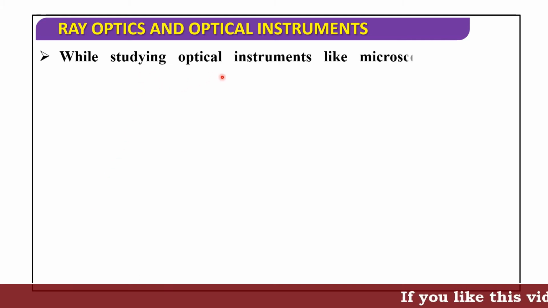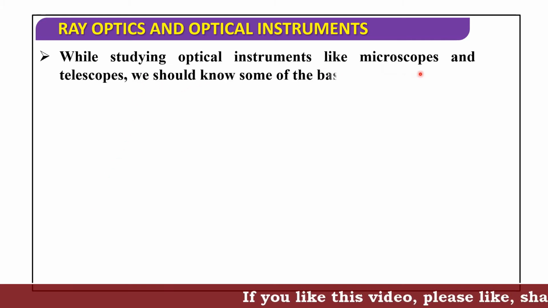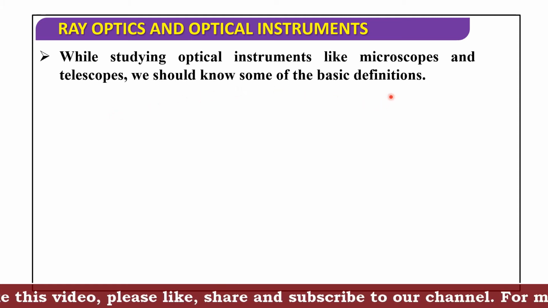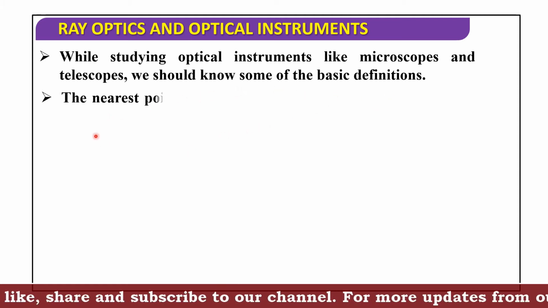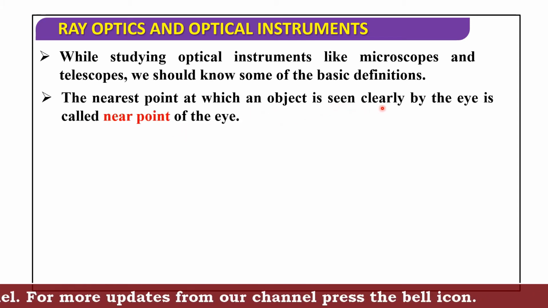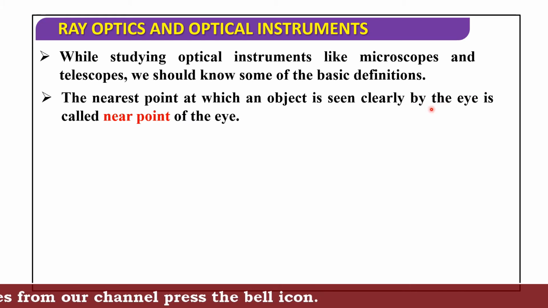While studying optical instruments like microscopes and telescopes, we should know some basic definitions. Let us discuss. The nearest point at which an object is seen clearly by the eye is called the near point of the eye.